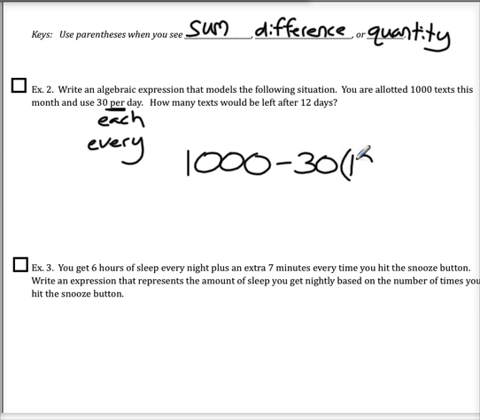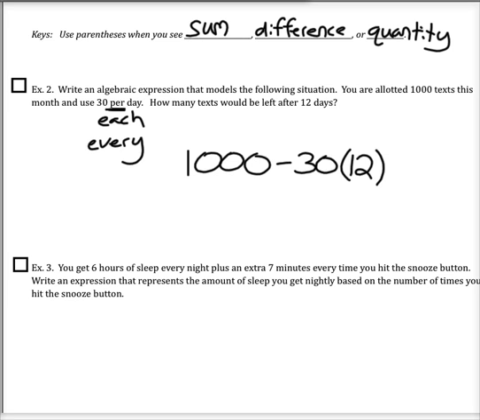Or in this case, multiply, because if you're using 30 of them for 12 days, you're subtracting 30 off 12 times. Well, you don't want to write that out 12 times, so just write it 30 times 12. Each and every work that same way. When you see it, I want you to think rate, and I want you to think multiplication.